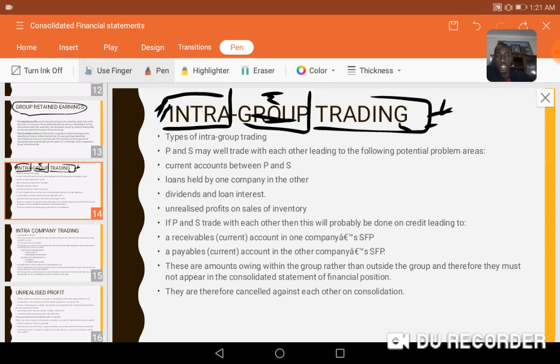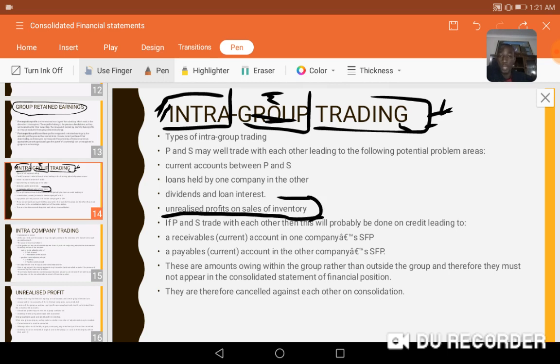Current accounts between the two parties, loans held by one party in the other, like maybe the parent loaning the subsidiary, dividends and the loan interest, unrealized profits on sales of inventory. Here, unrealized profit, we'll talk about it specifically towards the end of this session.